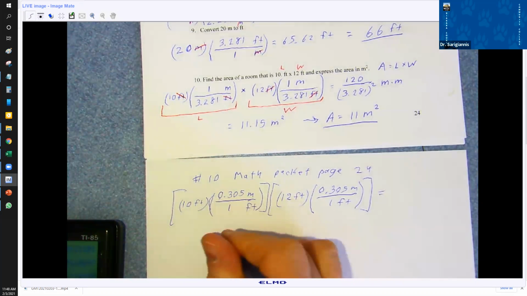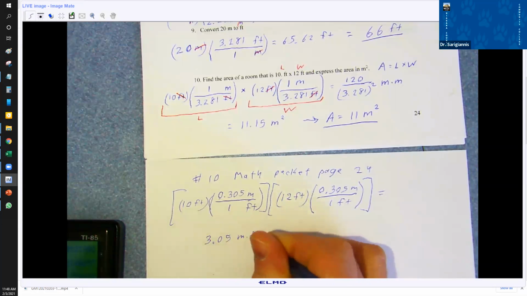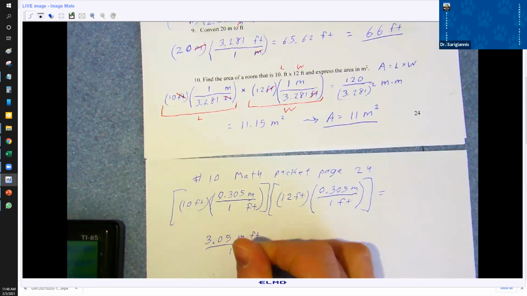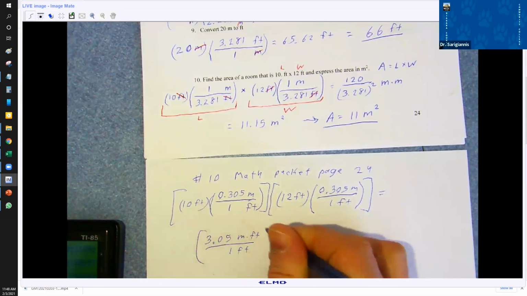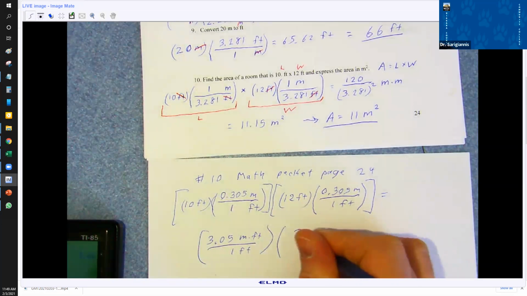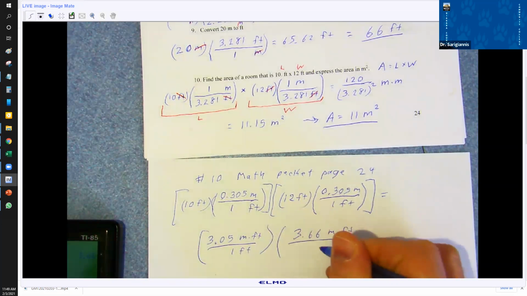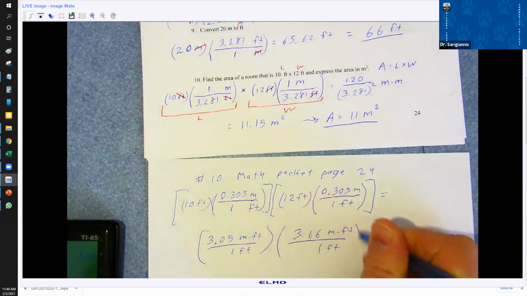This is easy: 10 times 0.305 is 3.05 meters times feet divided by 1 foot. And then I've got 12 times 0.305, which is 3.66 meters times feet over 1 foot.